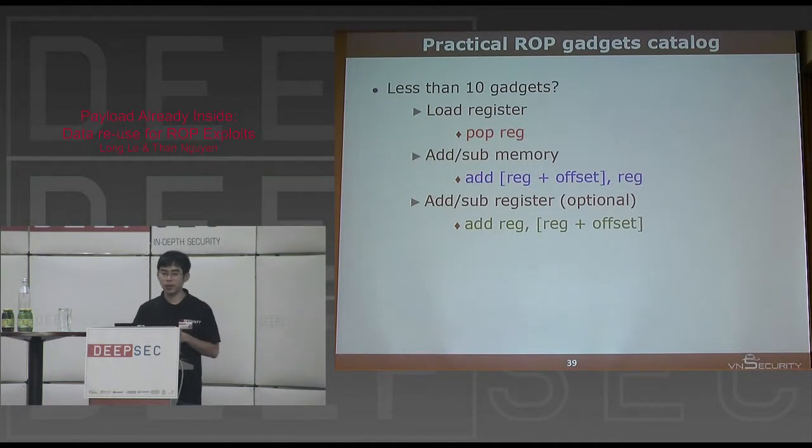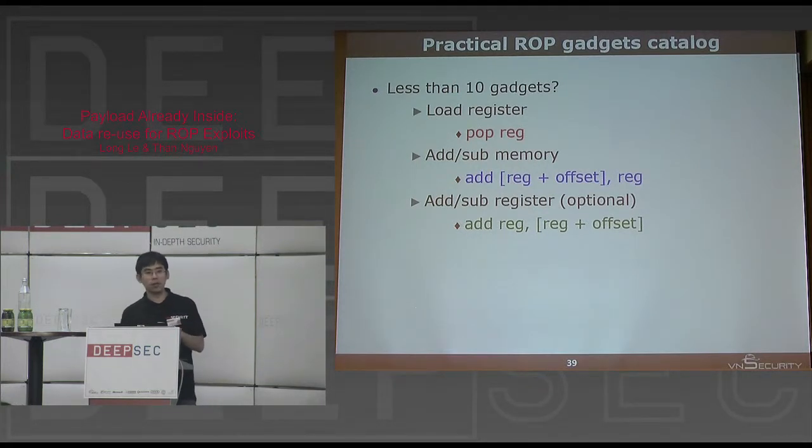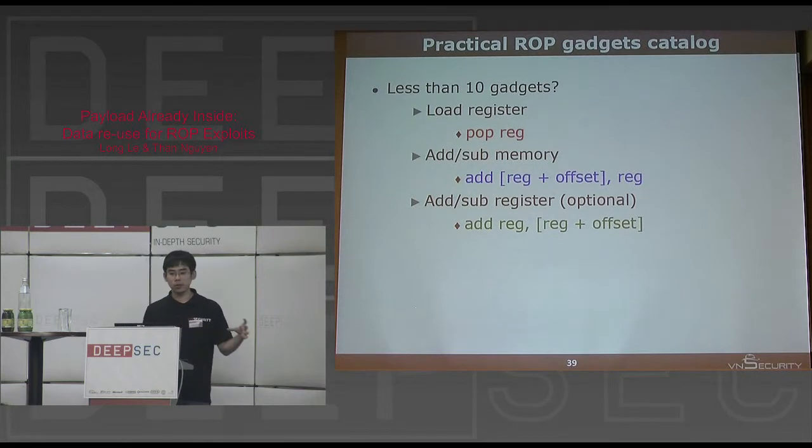So actually, we don't need to have all of the ROP gadgets. We don't care about that. What we want is some way of writing the exploit that is very practical and reliable, and that will work across different distributions and is not too dependent on the binary itself.